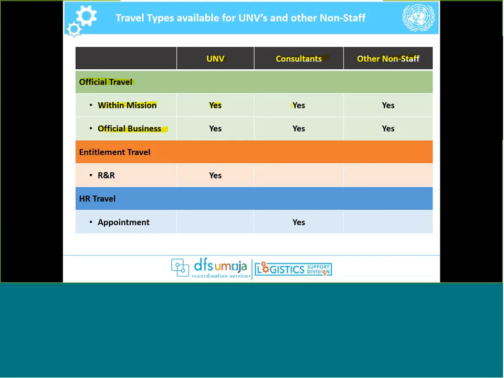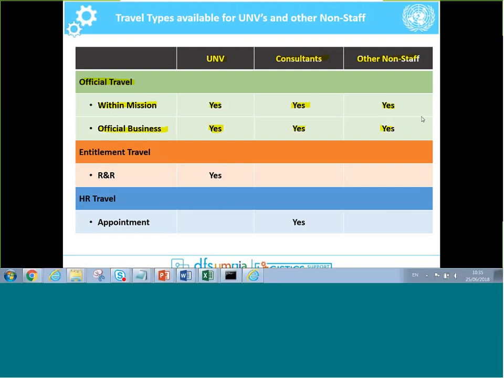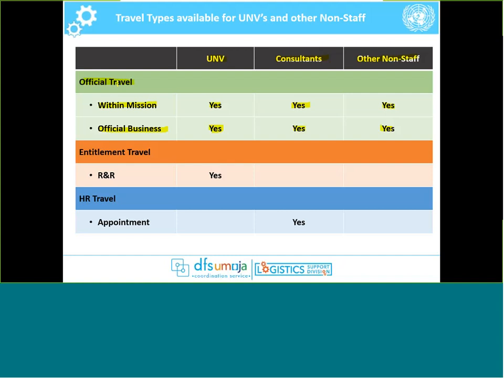And the same thing applies for outside mission area official business travel. So you can raise travel requests to travel a UNV or a consultant or other non-staff outside mission area. As a travel administrator, you can use any travel type within the official travel category to travel UNVs, consultants, and other non-staff.